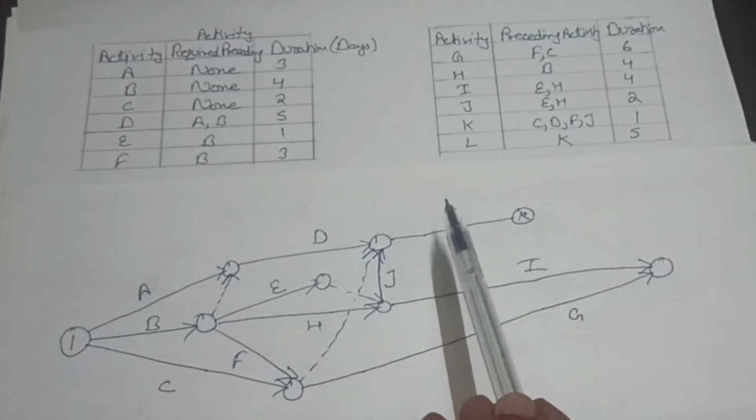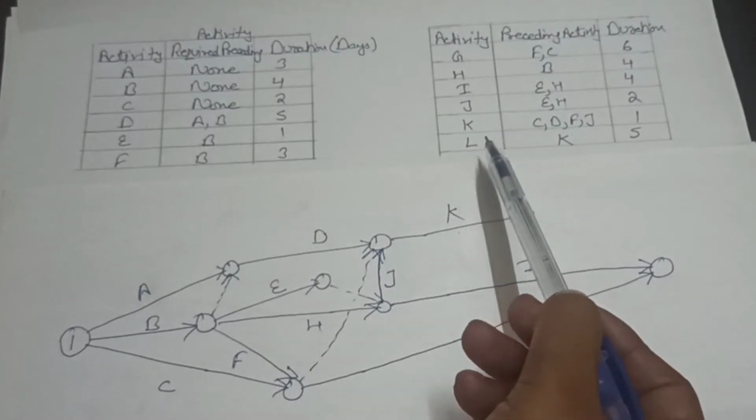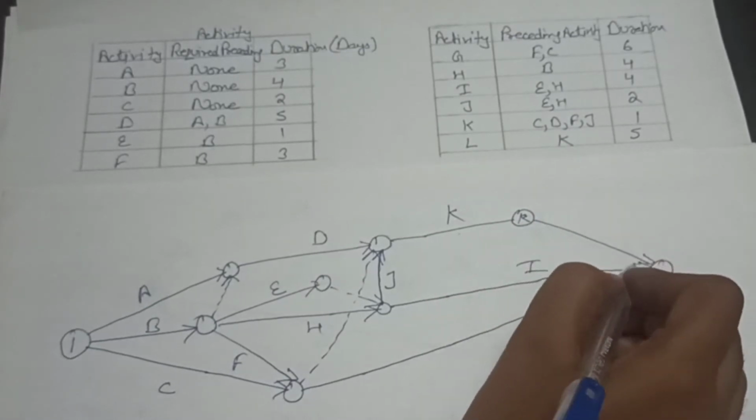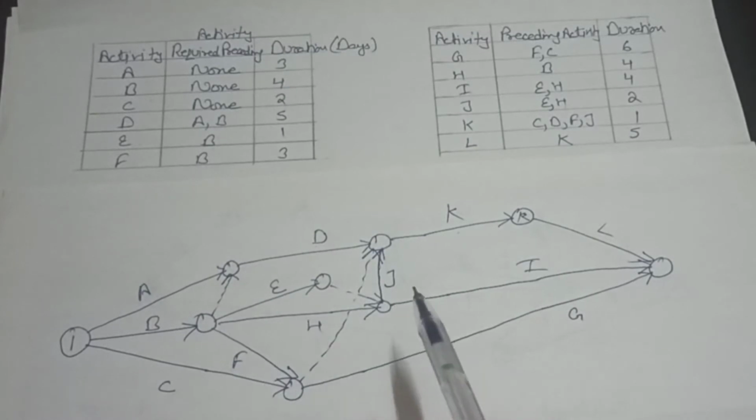Now you can say K activity starts after D, after J, after C and after F. Now L activity starts after K. So we will draw L like this. So this is our arrow diagram.